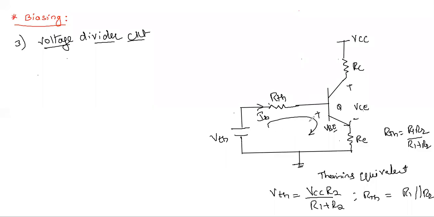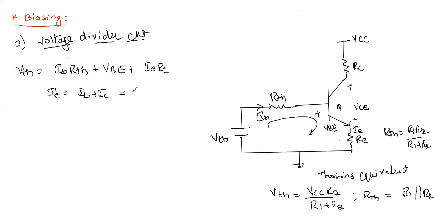Now applying KVL to this input loop, we will get VTH is equal to IB RTH plus VBE plus the current flowing over here, IE into RE, where IE is IB plus IC, which we have seen in the last topic, that is beta plus 1 into IB.